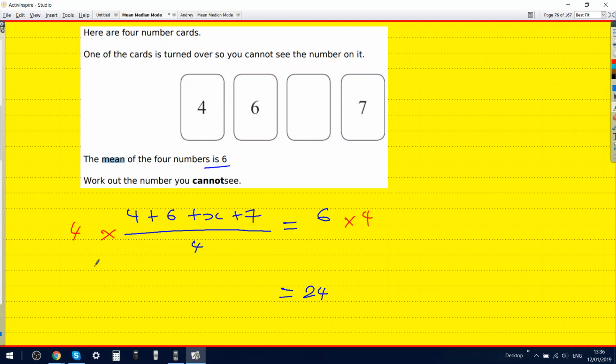So on the left side, the times by 4 and divide by 4 cancel each other out. So it's just x? You're left with just the top part. Divide over 4 means divided by 4. If you times by 4, you're just left with the top part.